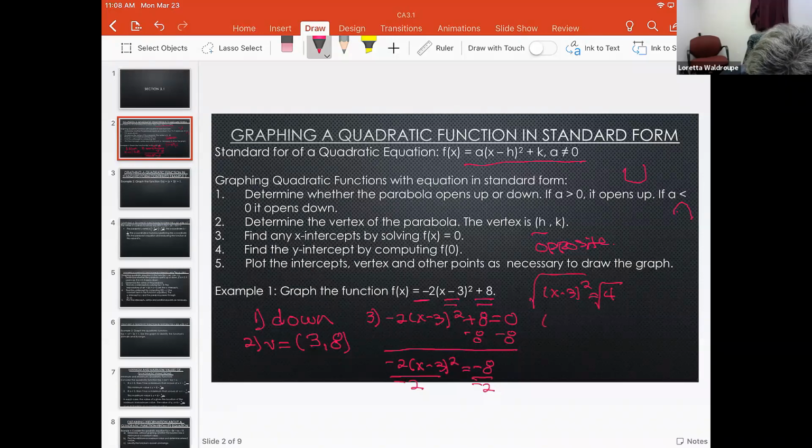So now we know x minus 3 equals, but when you square root both sides, remember you got to put plus or minus. So you have x minus 3 equals 2, which gives you 5. And x minus 3 equals -2, which gives you 1.